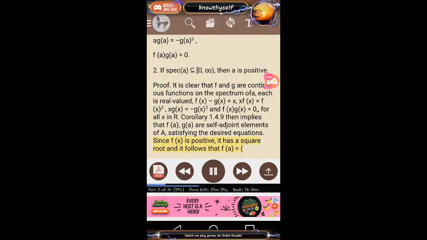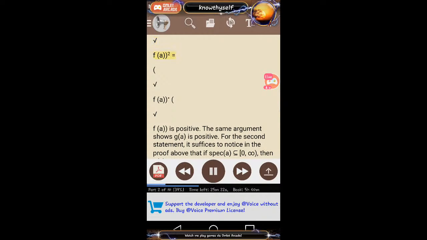Since f(x) is positive, it has a square root, and it follows that f(A) equals (square root of f(A))² equals (square root of f(A))* (square root of f(A)) is positive. The same argument shows g(A) is positive.